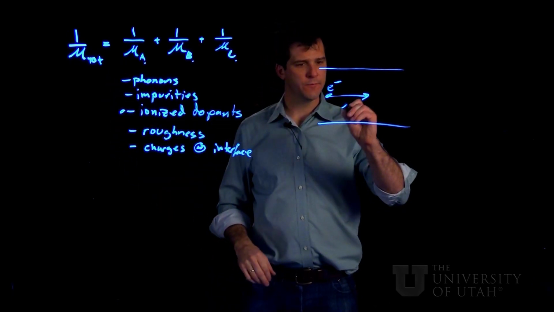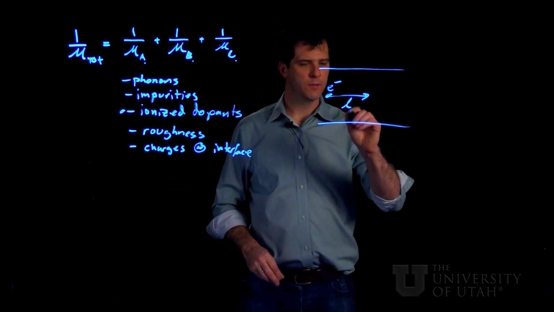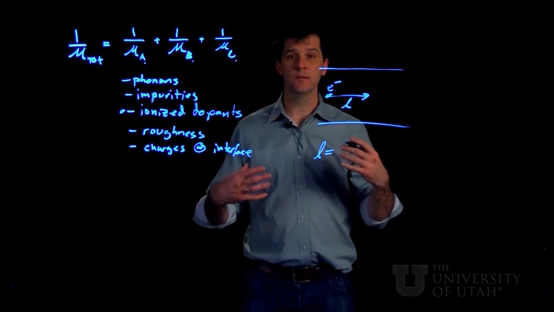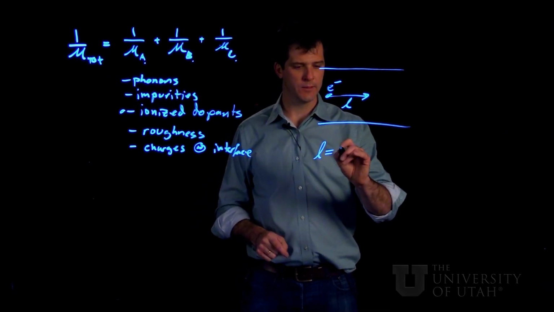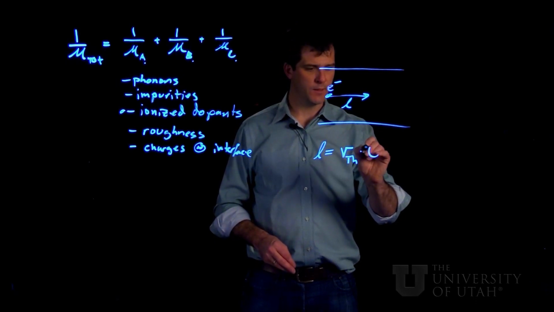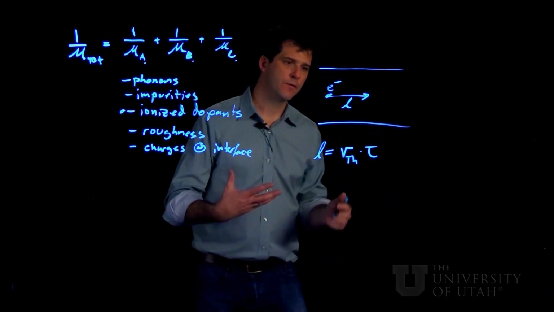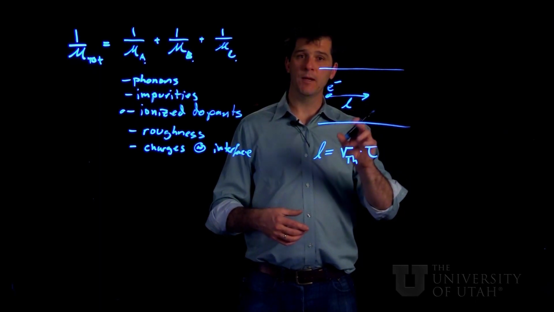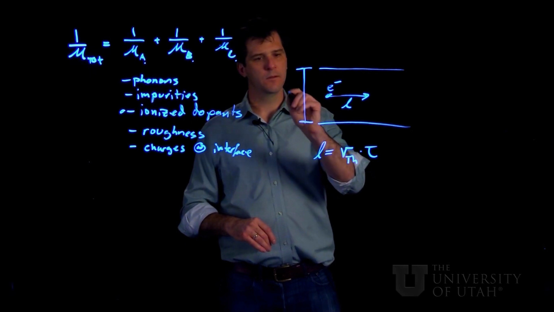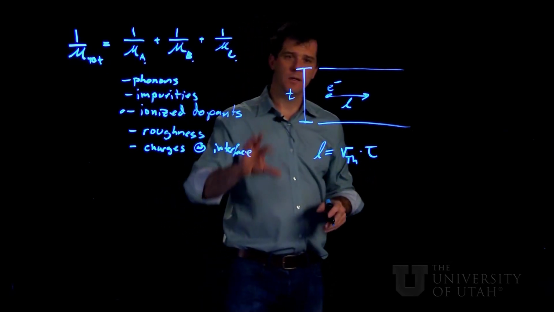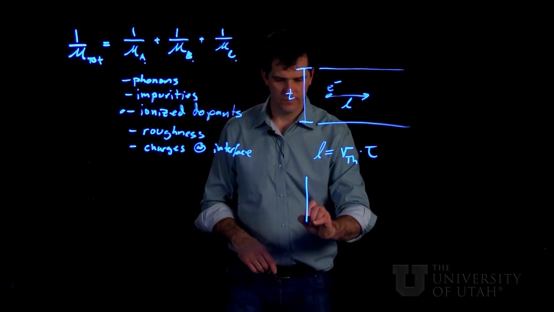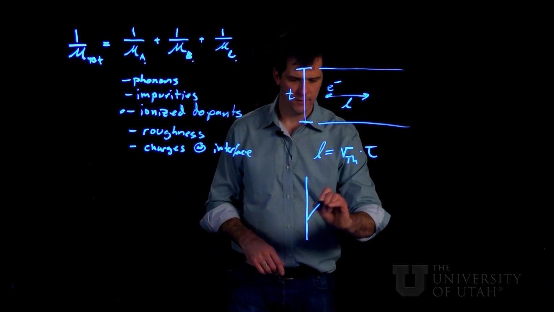Now, however, if the mean free path of the electrons, which, remember, the mean free path is the average distance between collisions or scattering events of the electron, and this is going to be equal to the thermal velocity times the scattering time tau. If this mean free path becomes larger than the effective confinement distance of the carriers, then we're going to start to have issues with carriers scattering off the interface.